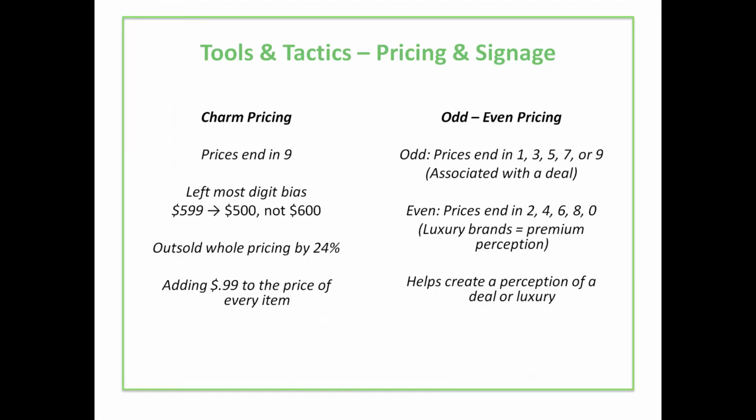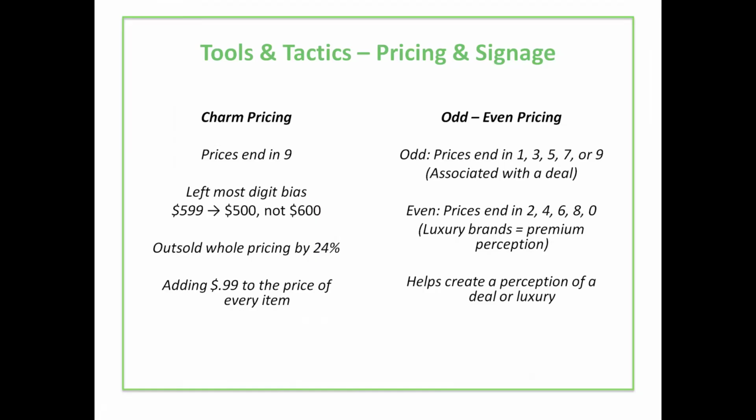A thought is if you sell 100,000 items in a year and you add 99 cents to the price of each of those items without doing anything else differently, that's an increase of $99,000 in revenue in a year. So, food for thought, you might want to consider adding 99 cents. Now, there is also the consideration that sometimes the perception of seeing 99 cents adds cheapness. I respect that. That could be the case. So a lot of retailers use 99 cents on sale items only.